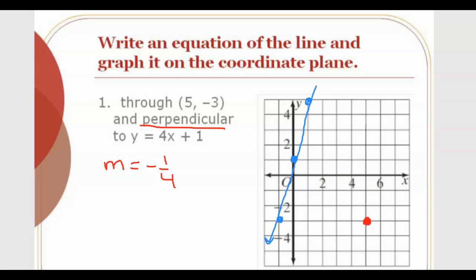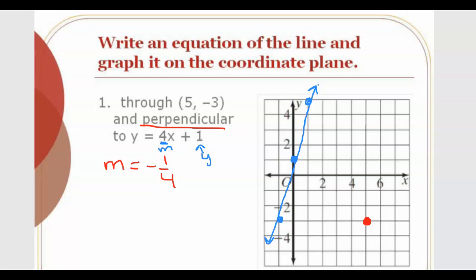Because the lines are perpendicular, and the equation for perpendicular lines is the opposite reciprocal of the original. So the original slope is 4 with a y-intercept of 1. So it's graphed over here in blue.